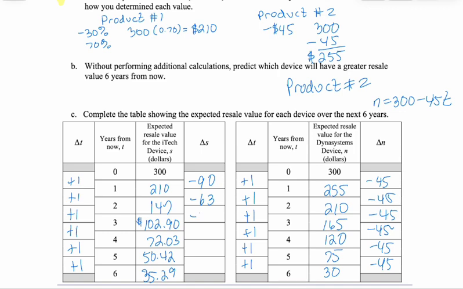Here it went down by 44.1. Here it went down by 30.87. Here it went down by 21.61.